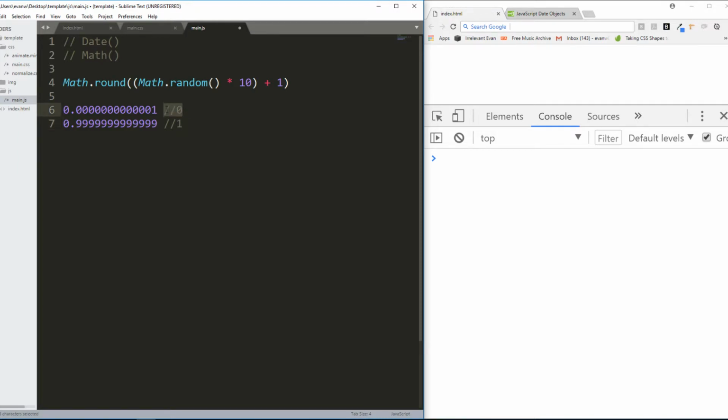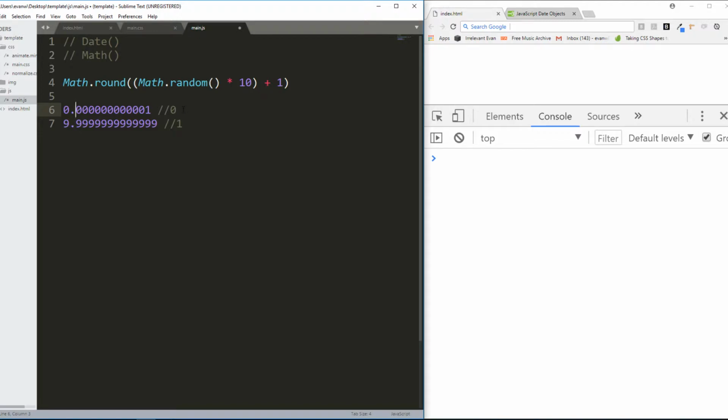The lowest possible number generated by Math.random and then rounded, and the greatest possible number generated by Math.random and then rounded. If we throw in times 10, well, then we get 9.99999999 and 1 less 0 here.